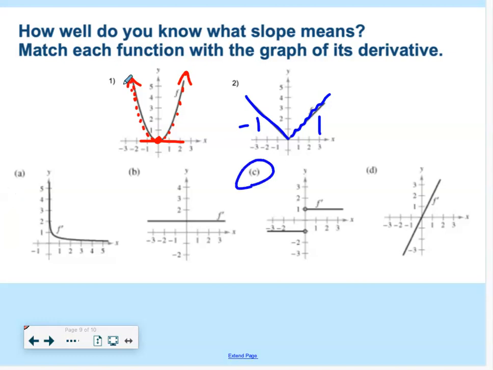Now, we're going to talk about this tomorrow, but just a little note. If I asked you the slope of the tangent at 0, would you be able to give me one? There isn't one. You can't give me one. How would you draw a line tangent, right? If you define tangent as only passing through one point, there's infinitely many.